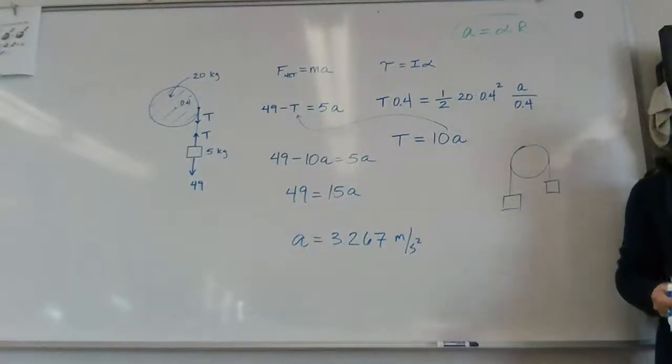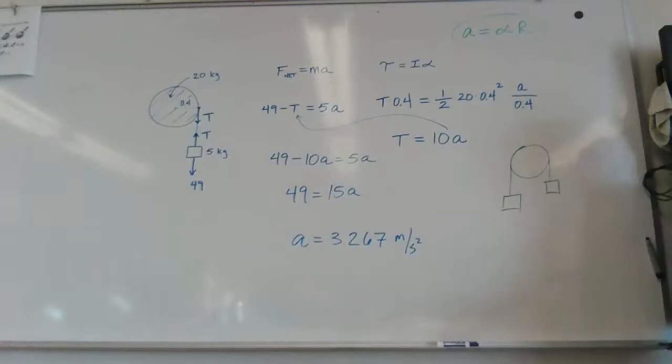So, like question A says, suppose pulley A and pulley B are both solid disks with the same radius, but pulley A has more mass, okay? Does that affect things? Pulley A having more mass, does that affect the acceleration? Yes.